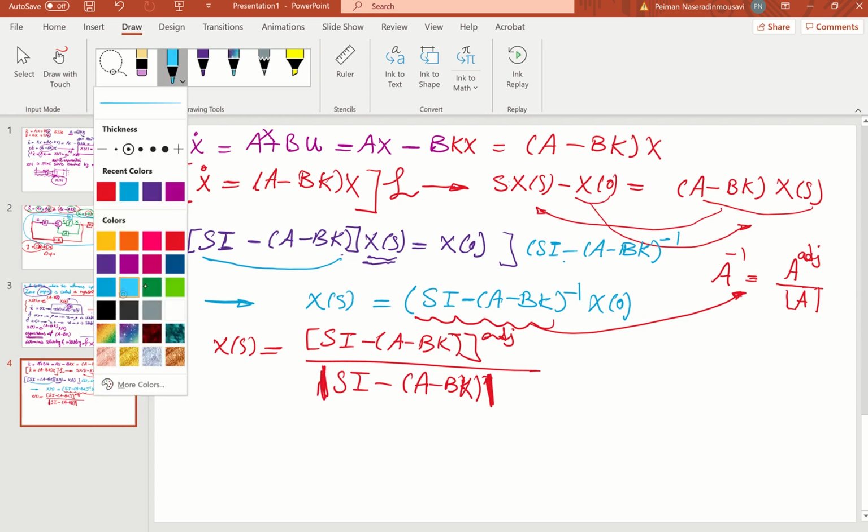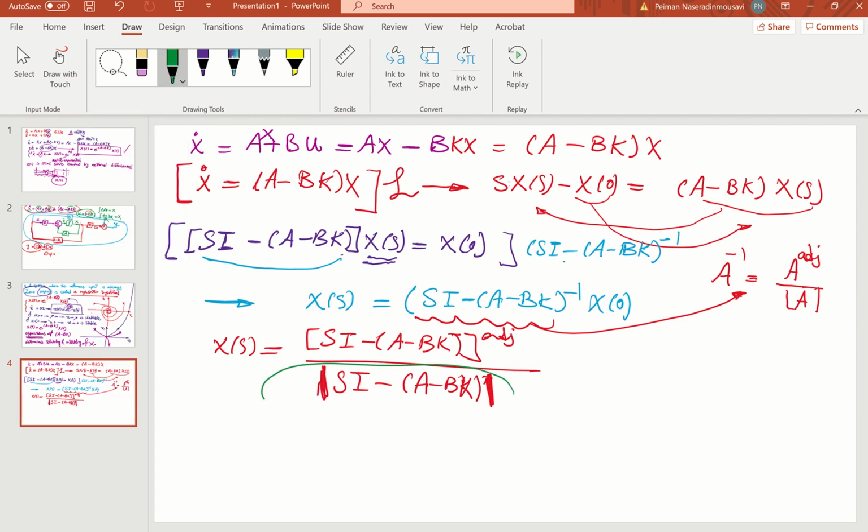Now you know what is the name of this equation. Come on, I taught you. Yes, characteristic equation or eigenvalue problem. If I give you a matrix, its eigenvalues are calculated as det(sI minus A) is 0. This is the eigenvalue problem.